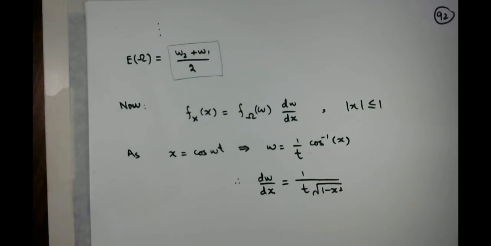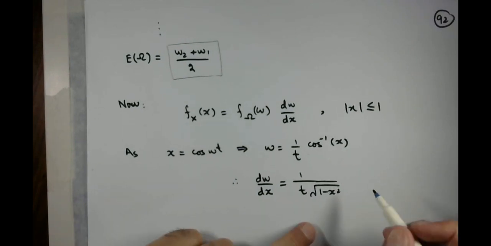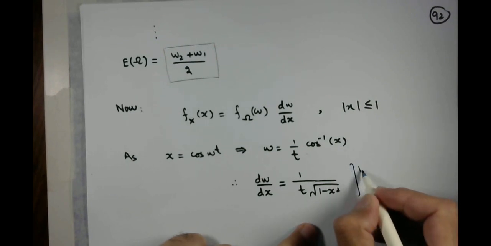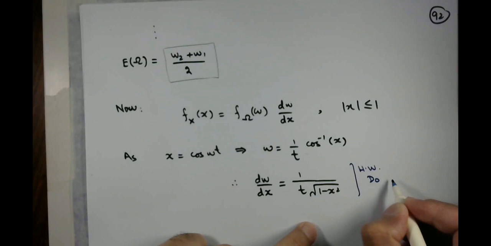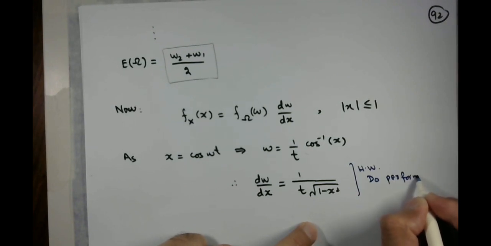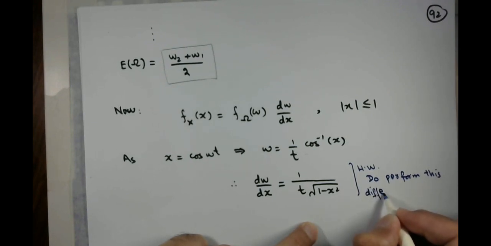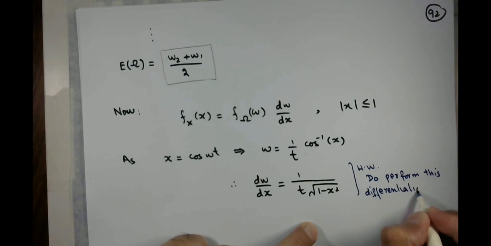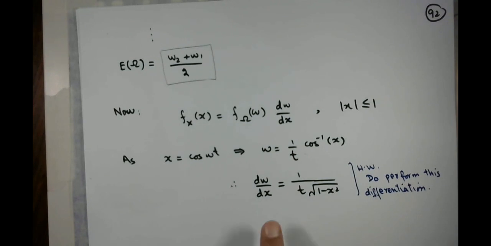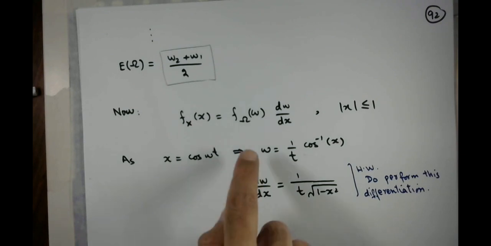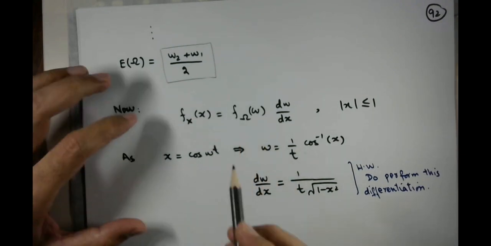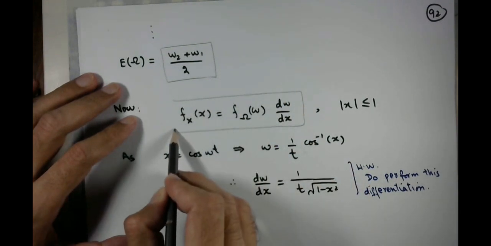So here is one small simple homework: do perform this differentiation at home. So we have obtained d omega by dx. We already have f sub omega of omega, so we can complete this equation.